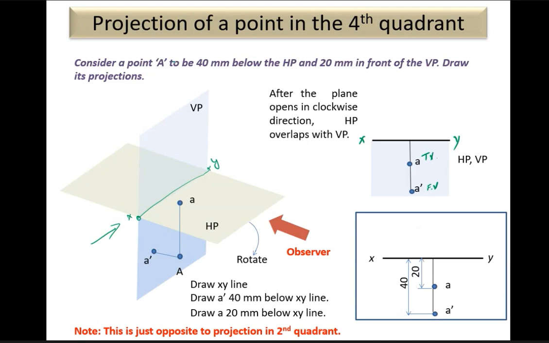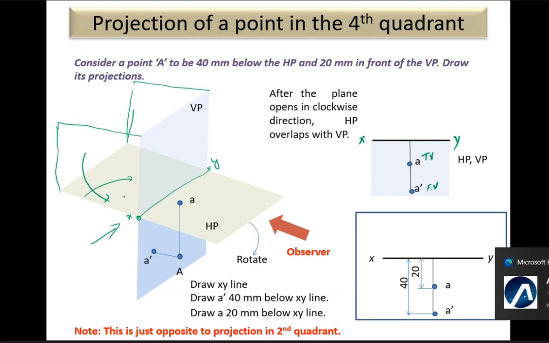Okay, so in the second quadrant, our profile planes will look like this. Here and here we have got two profile planes. We know HP will open like this, and again these two profile planes will open like this.